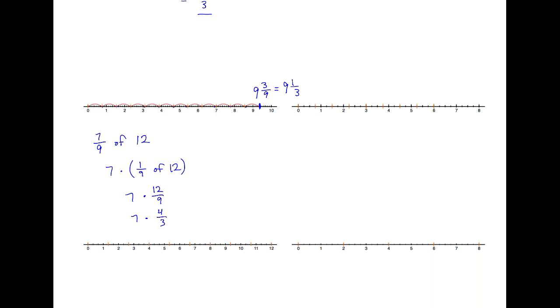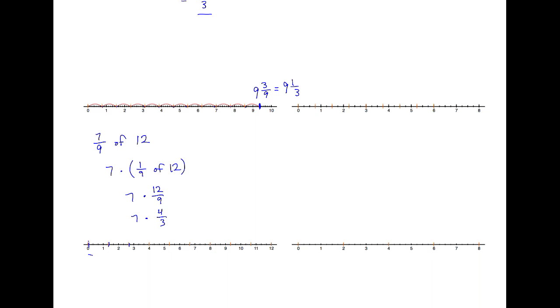So here we see on this number line, I have the numbers 0 through 12. The length of 12 is marked off and divided into 9 equal pieces. And you can see each piece is 4 thirds. Okay? And so each piece is 4 thirds, and I want 7 copies of that.